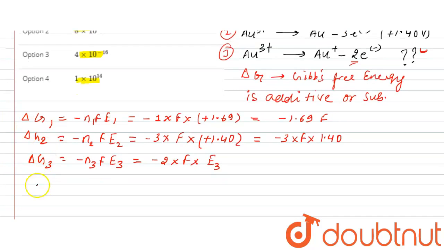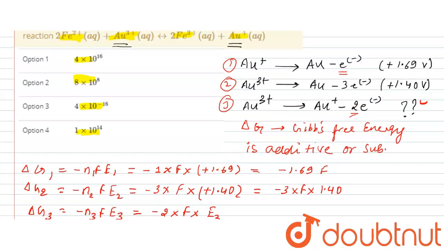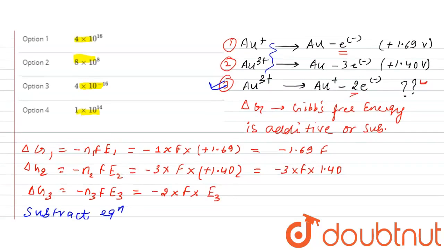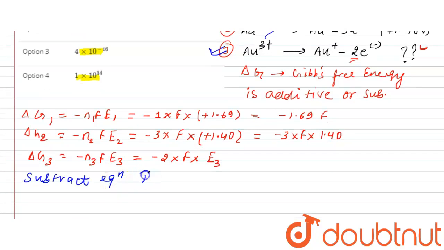Now let's see. If you subtract these two equations, then you can get equation number 3 very well. If you subtract equation 1 from equation 2, then you can easily get equation number 3.